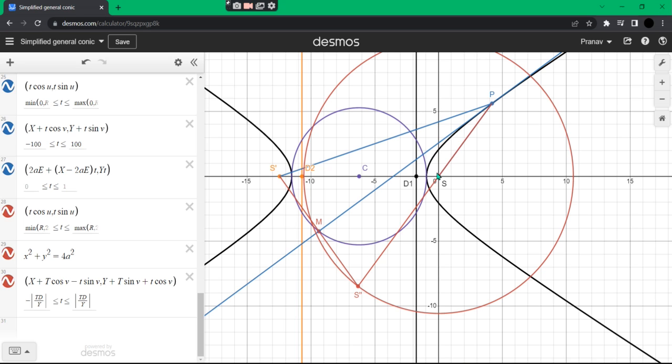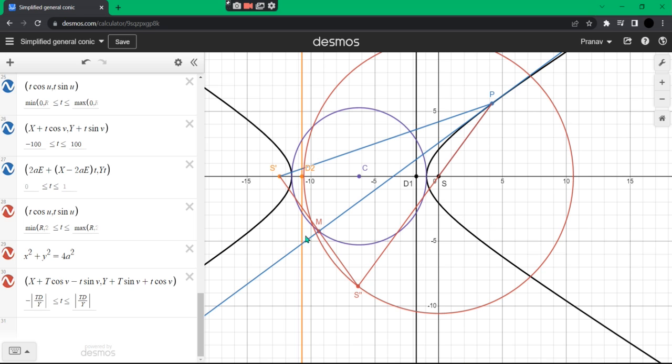So for an ellipse, what was the thing? It was that SP plus S dash P would be some kind of constant. For this guy, SP is this thing and S dash P is this thing. So of course the difference of that is a constant, but how do we get that? Right, so these two lengths.